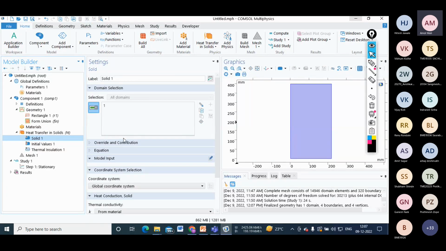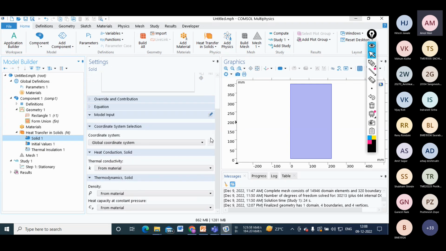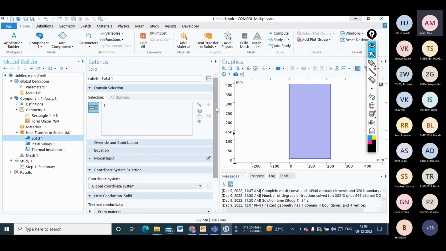You can click on Solids. आप डायरेक्टली मटेरियल लाइब्रेरी से भी ले सकते हो, लेकिन यहाँ पर थर्मल कंडक्टिविटी डायरेक्टली दिया है, इसलिए मैं थर्मल कंडक्टिविटी यहाँ से ले रहा हूँ. So I will select the solid, and here you can see it has already selected the domain. एक ही डोमेन है तो एक ही डोमेन सेलेक्ट करेंगे. यहाँ पर मल्टीपल डोमेन्स रहेंगे. हम कंपोजिट वॉल का भी प्रॉब्लम देखेंगे, एट दैट टाइम विल सी.